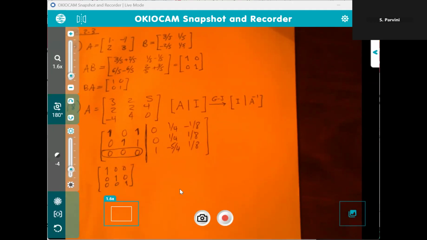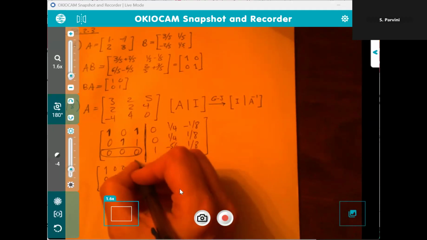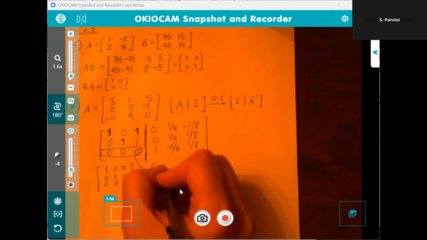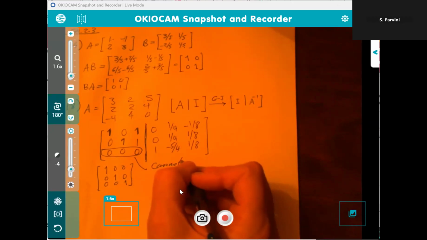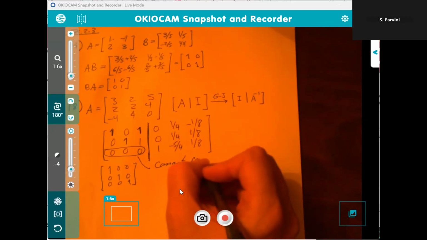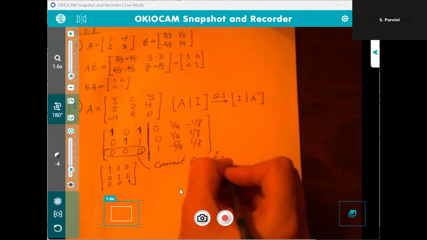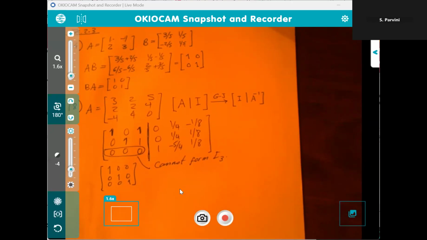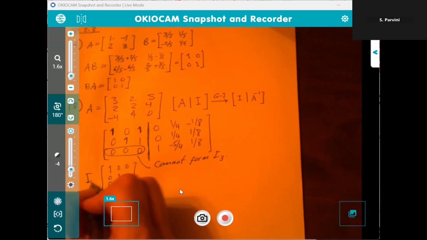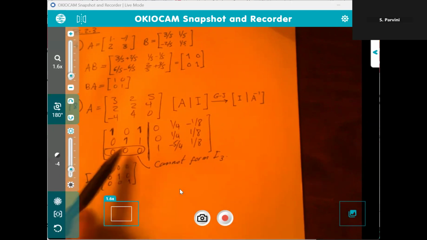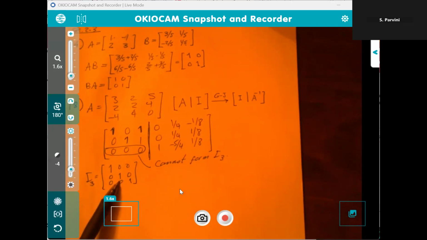That row of zeros. Therefore, this is what I'm going to write. Cannot form I3. This is what I3 looks like. We cannot form this matrix.